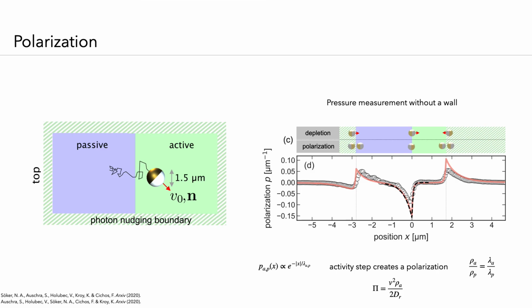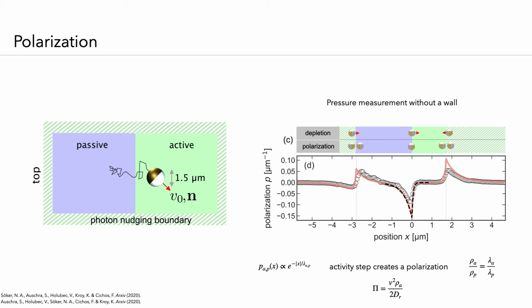Now we don't have anything they are pushing against, but we have this kind of bulk region with passive particles. And due to that boundary condition, we find actually the same expression here. So by integrating over that negative peak, we actually get exactly that kind of swim pressure, and we can measure that without any kind of wall.